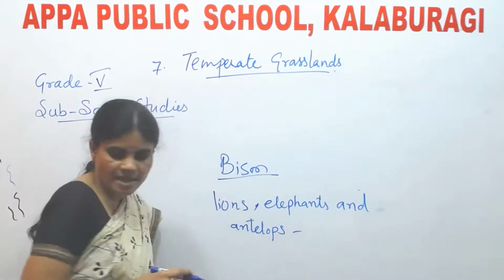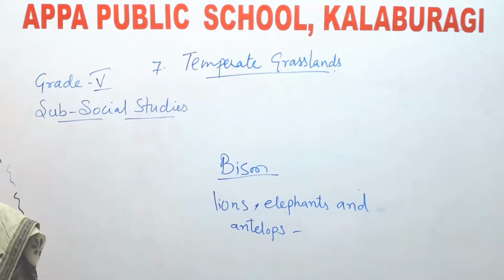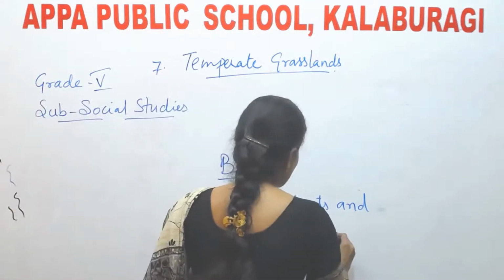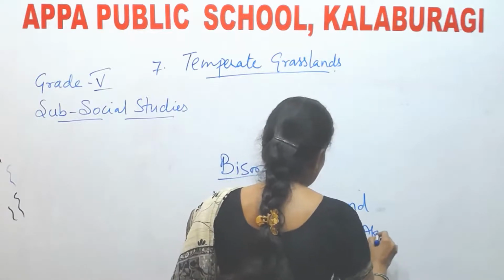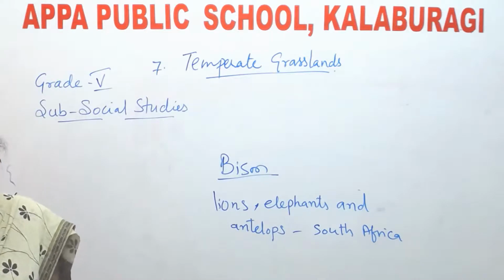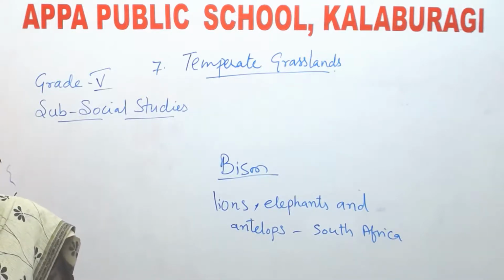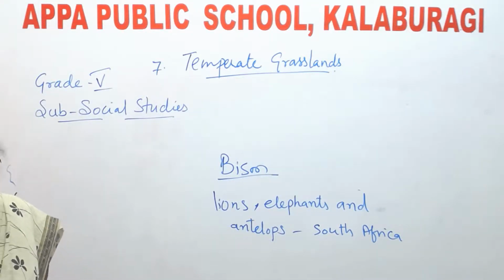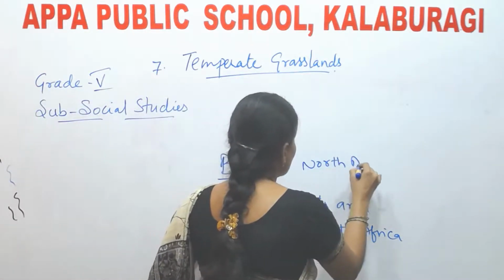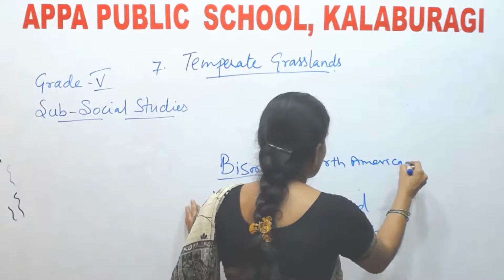Okay, these are the animals found in the grasslands of South Africa. These are the grasslands which are found in South Africa. And see, bisons are commonly found in North America.